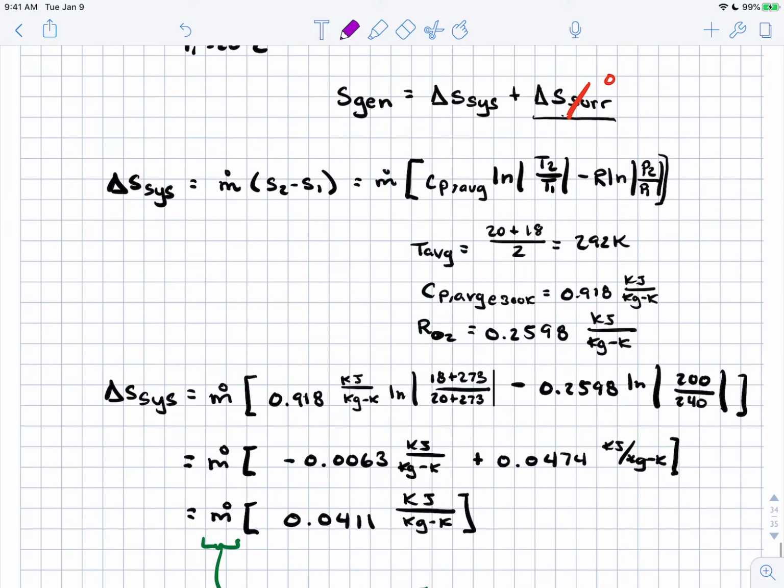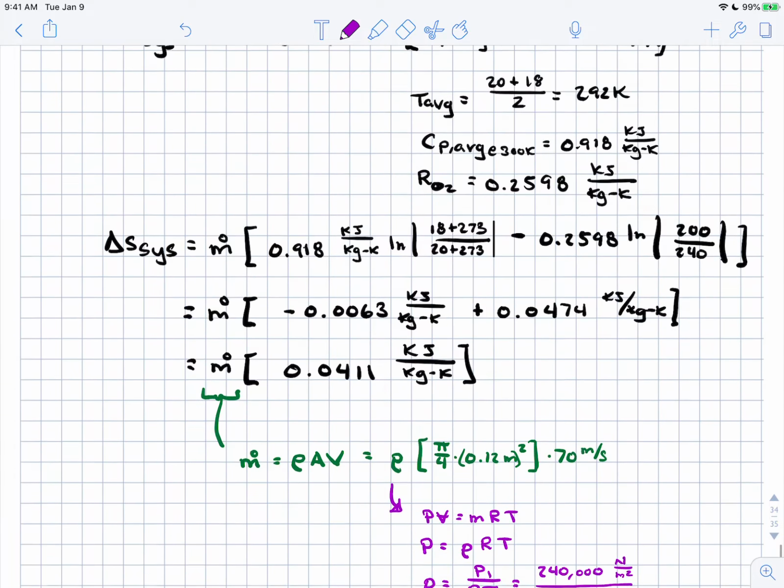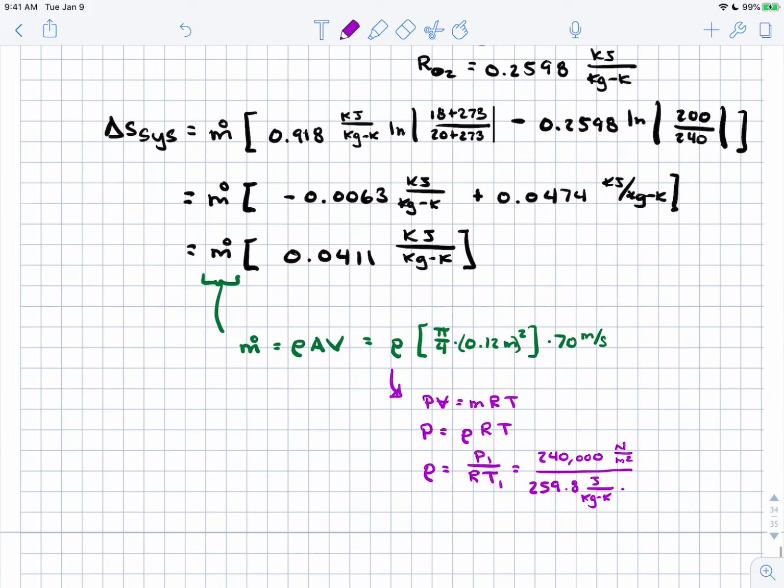The pressure at the inlet, state 1, is 240 kilopascals, which is a Newton per meter squared, divided by the R of our fluid, 259.8 joules per kilogram K, times the temperature at state 1, which is 298 K.